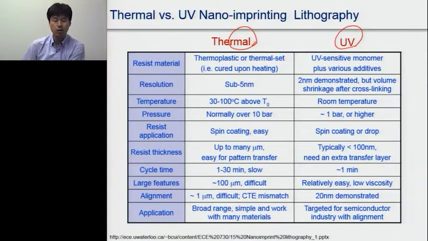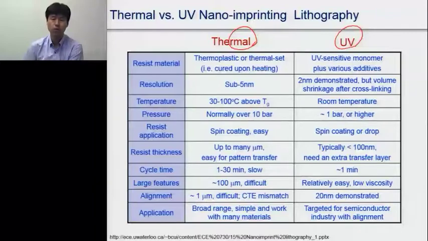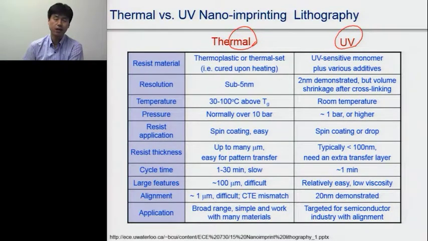As the name implies, thermal nano-imprinting uses the resist to which we transfer our patterns. That resist material is a thermoplastic, so it can be cured by heat, which is why we apply heat.